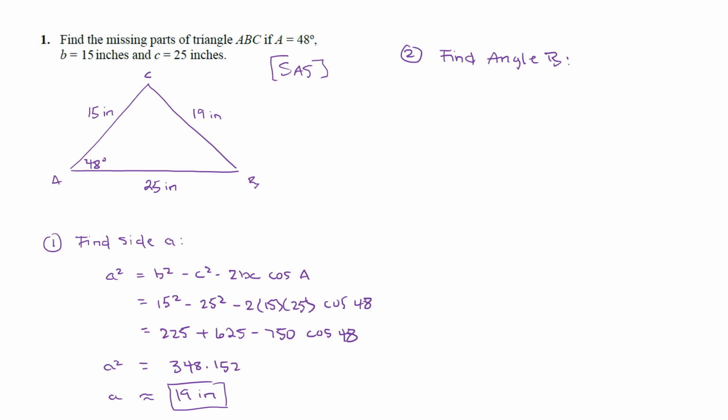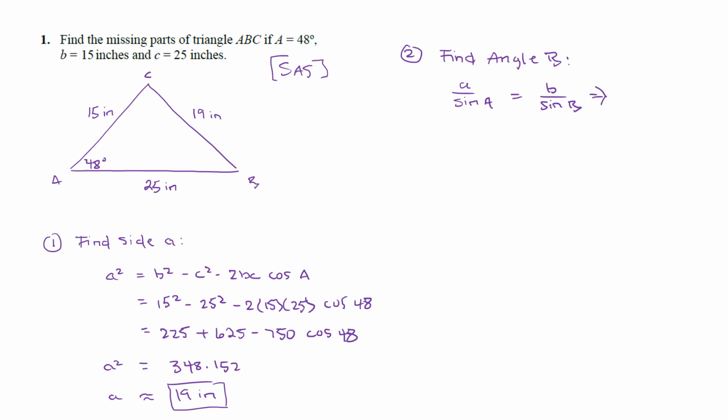So I am going to have to use the ratio for A to help me because I don't have a complete ratio for C. So I'm going to utilize A over sine A equals B over sine B. Okay?